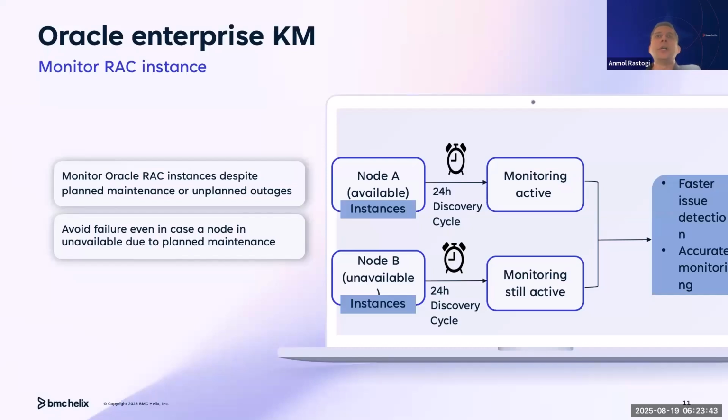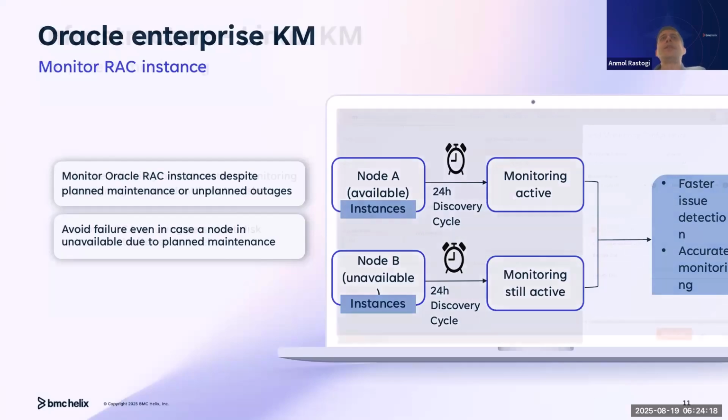In those scenarios also, customers want to run monitoring so that the node is always available, be it active or passive, so that when the switch happens, the passive node is also available. That requires active monitoring so that it covers all the failover scenarios. So we have added these capabilities into the existing Oracle Enterprise KM.